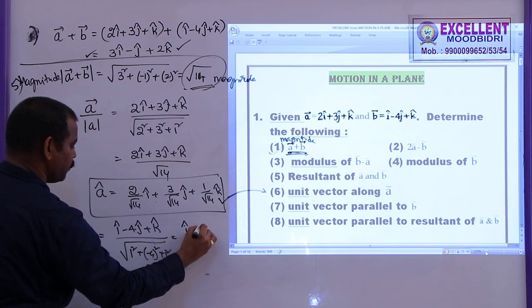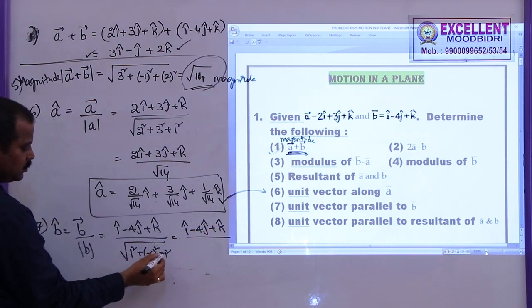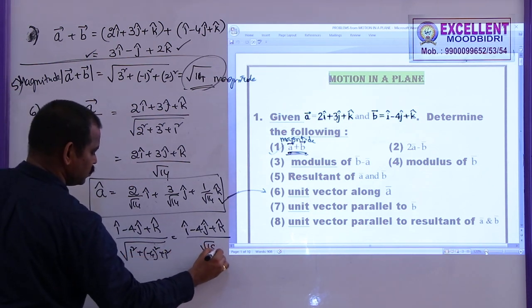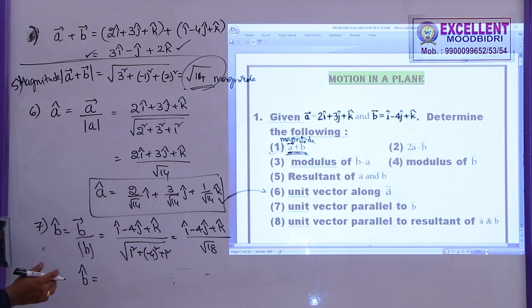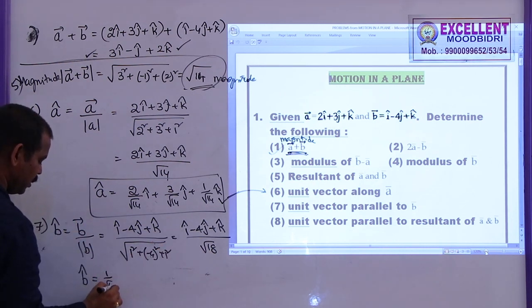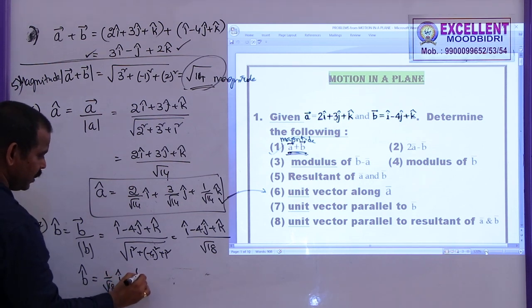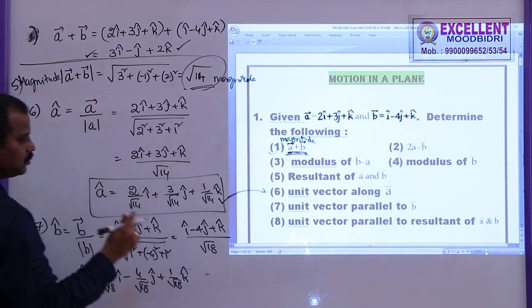This is i cap minus 4j cap plus k cap by root of 1 plus 16 plus 1, so this is root 18. So now the unit vector parallel to b bar or in the direction of b bar is given by 1 by root 18 i cap minus 4 by root 18 j cap plus 1 by root 18 k cap. So this is the seventh vector.